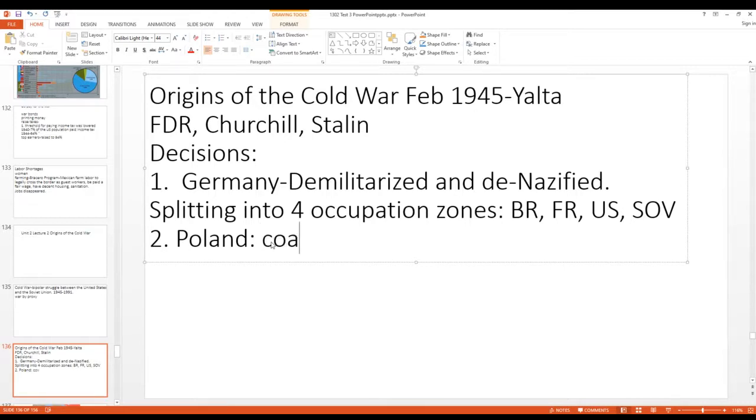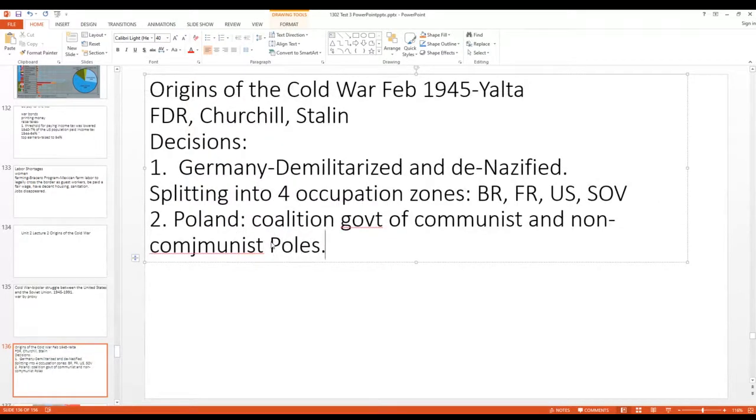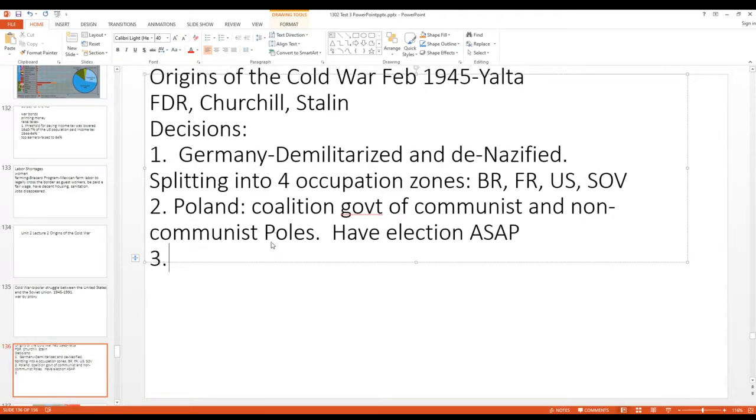And so a decision is made to establish a coalition government made up of communist and non-communist Poles, to have an election as soon as possible. That's also the problem with Eastern Europe.